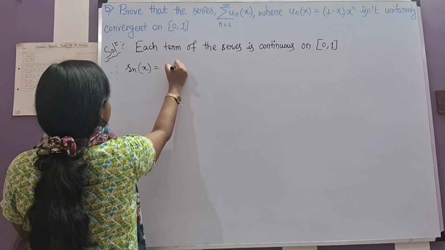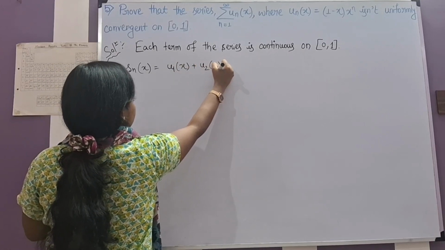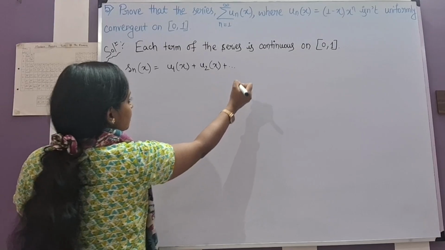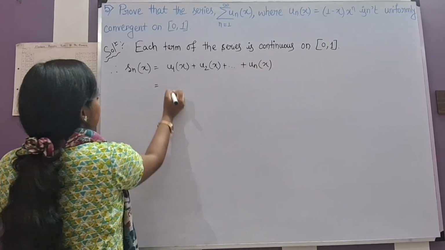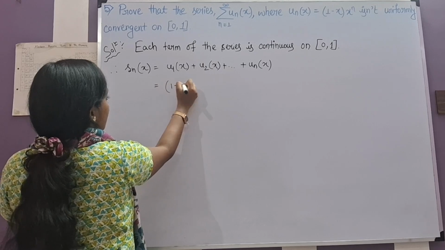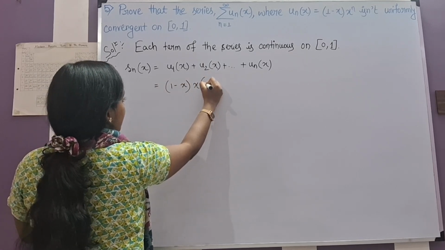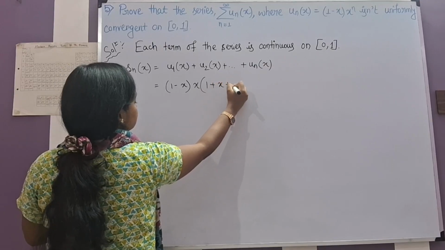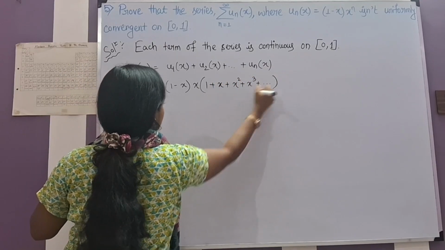Now Sn(x) is equal to u1(x) plus u2(x) plus and so on plus un(x), equal to (1 minus x) into x within bracket (1 plus x square plus x cube plus and so on).